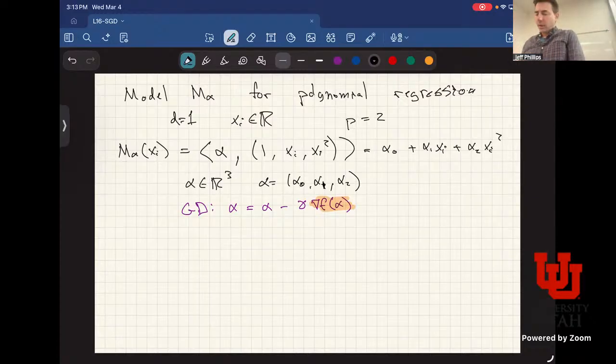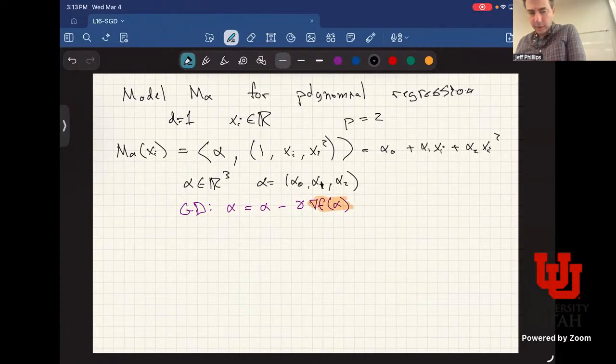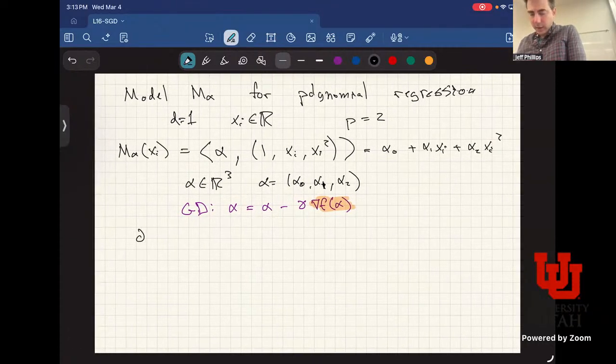In order to define the gradient, we need to define, in particular, the derivative with respect to alpha j of f of alpha, and we need to do this for j equals 0, 1, 2, for all choices.